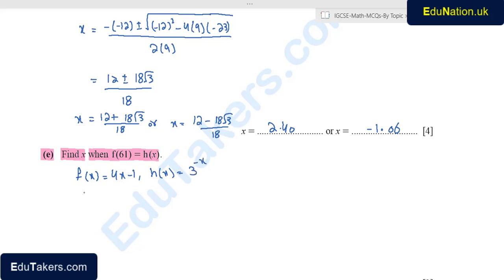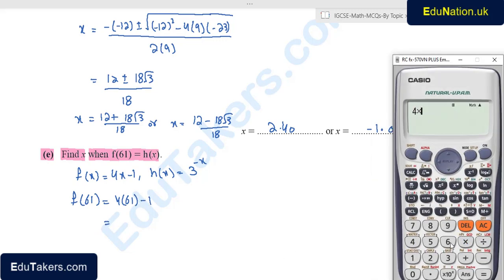Now f of 61 is equal to 4 into 61 minus 1. 4 multiplied by 61 minus 1 is 243.